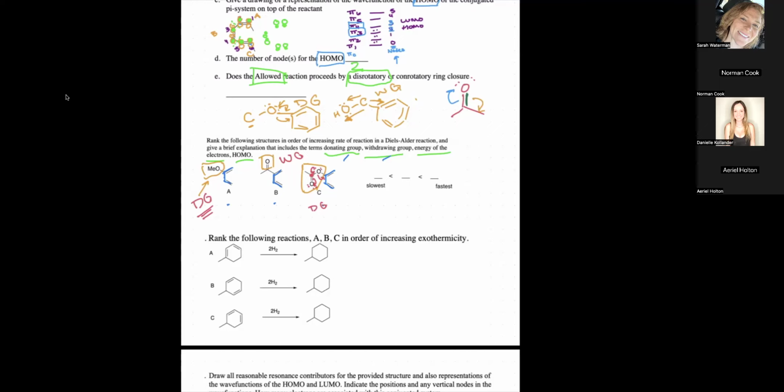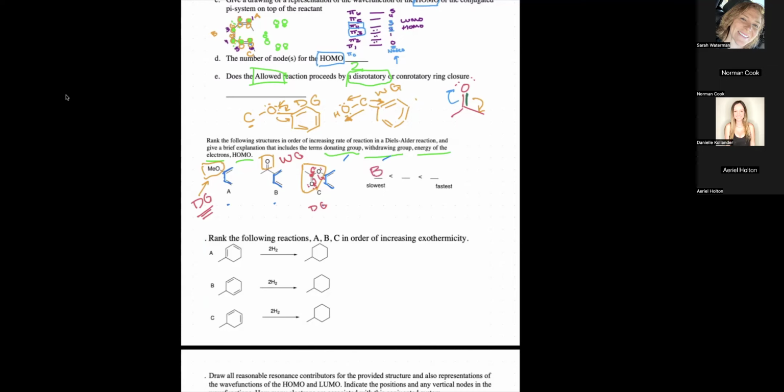Remember that you need electrons in order to react. If you can donate them, then you react faster. Yes, exactly. So we've decided that donating groups will react faster than withdrawing groups. Because we have two kinds of donating groups and one withdrawing group, which one will be the slowest? The withdrawing group is the slowest.